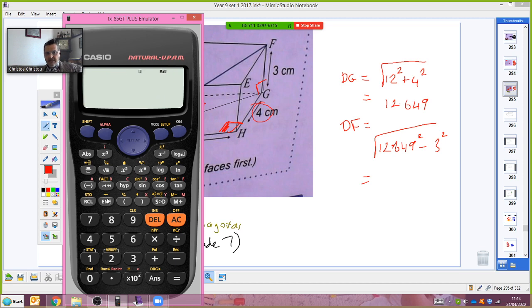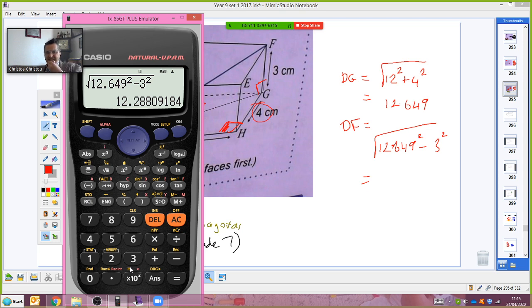Let's do it again in one step. Square root of 12.649 squared, take away whatever 3 squared is, get our answer, and there it is, 12.2.